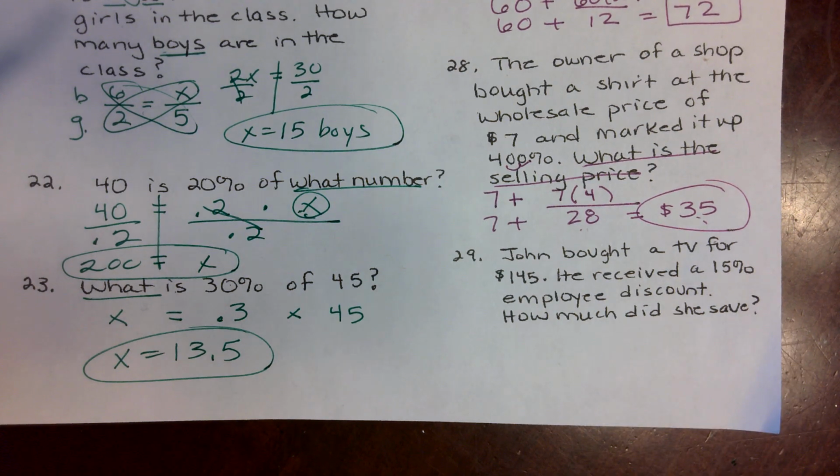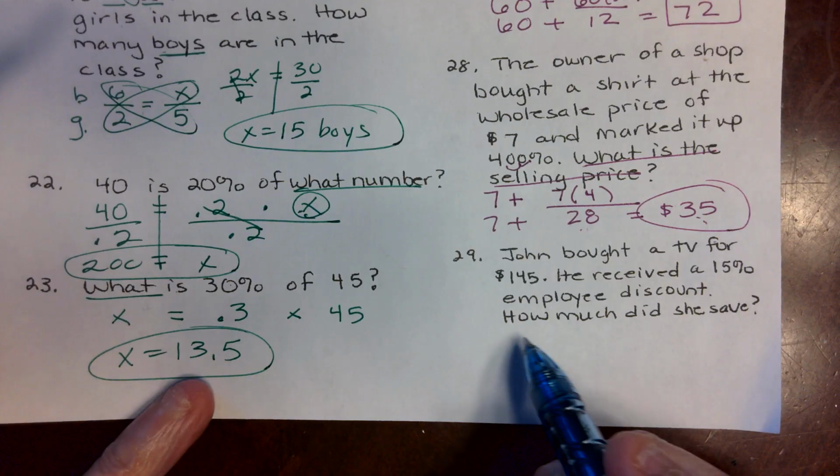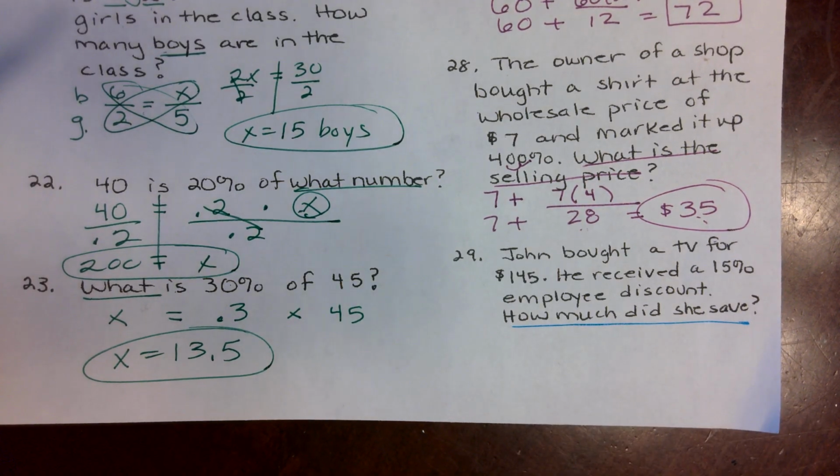All right, John bought a TV for $145. He received a 15% employee discount. So when you work at a store, oftentimes you'll get a discount off of products that they have, depending on the store. This particular store was giving a 15% discount. So the question isn't what they paid for the TV. Notice, how much did he save?